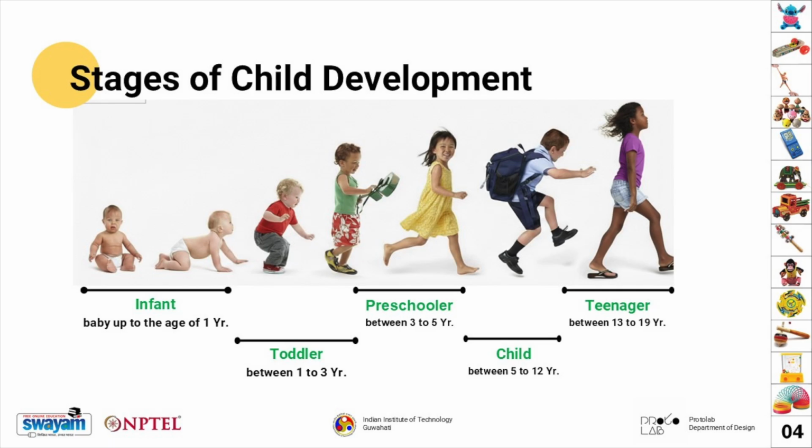But these stages are not rigid. An older child might still enjoy sensory play when they are tired or overstimulated. A preschooler might switch between imaginative play and rule based play in the same afternoon.